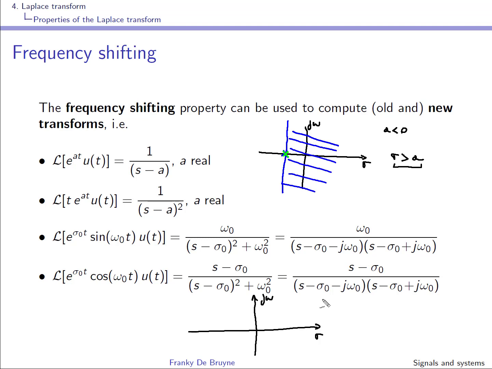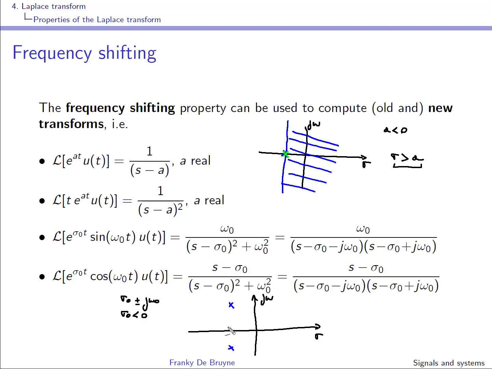This is the S-plane, and let us draw the two poles, and the poles here are complex conjugate. Remember, the poles are sigma 0 plus minus j omega 0, and here we'll assume that sigma 0 is negative.